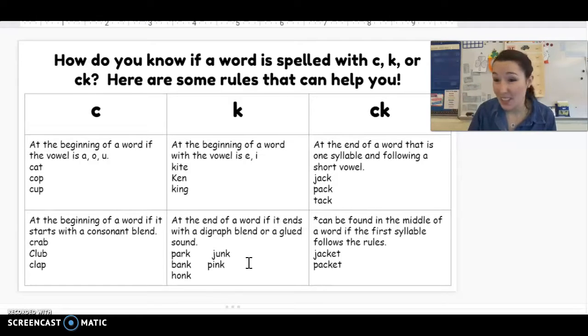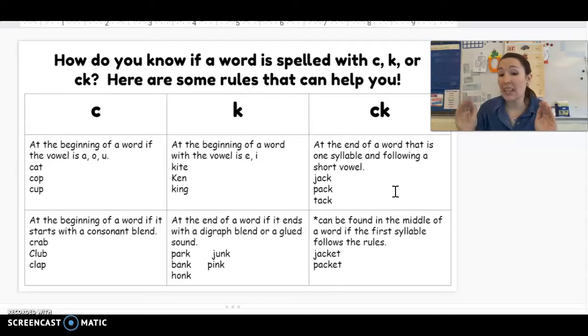Okay, and probably the easiest one to remember is CK. We know it will be CK when it's following a short vowel at the end of the word. And I said in here when it's one syllable. That's important because it's like one clap, jack, pack, tack. And it's at the end of that one syllable.